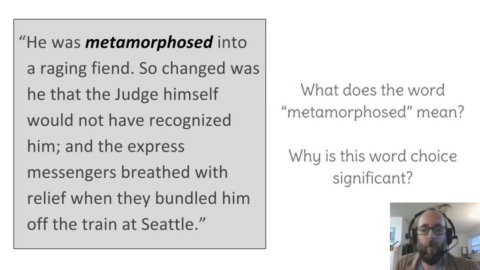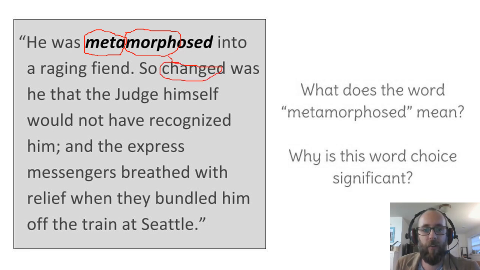So let's look at this word. You probably recognize a couple pieces here. This word right here, morph. And you might recognize the word meta. So when we talk about the meaning of this word, morph means to change, okay? And so here we have this word repeated here.